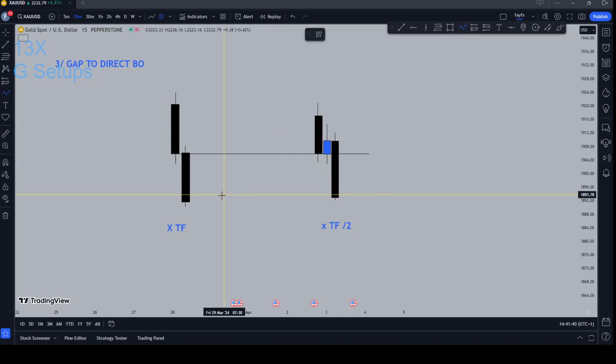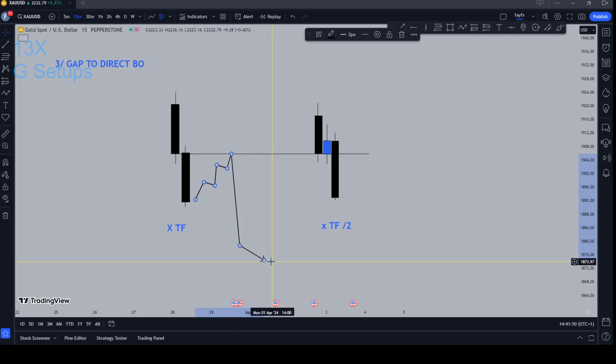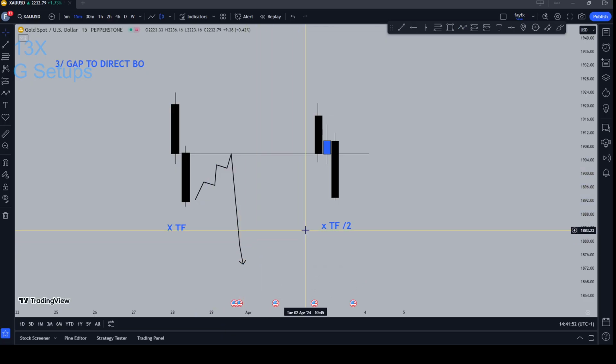Price will visit that level and continue its bearish move, its big aggressive move. Same thing here. Price will go up to that level that got created, a direct breakout, and continue its aggressive move down.